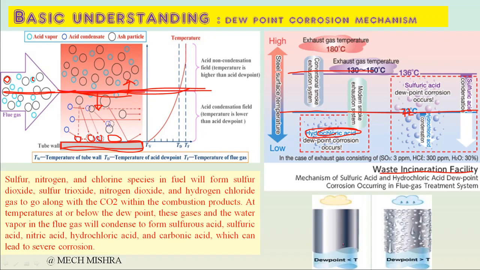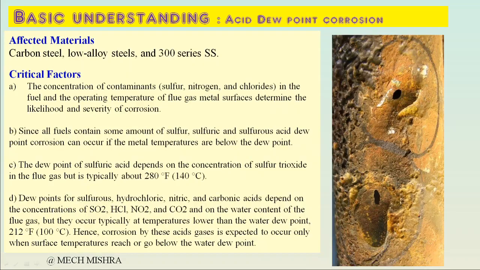So when our temperature is above the dew point temperature, there will be no condensation. But when our temperature is less than the dew point temperature, the water vapors get condensed, and the corrosive species in the vapor stream also get condensed along with water, causing the corrosion. This is the basic mechanism.